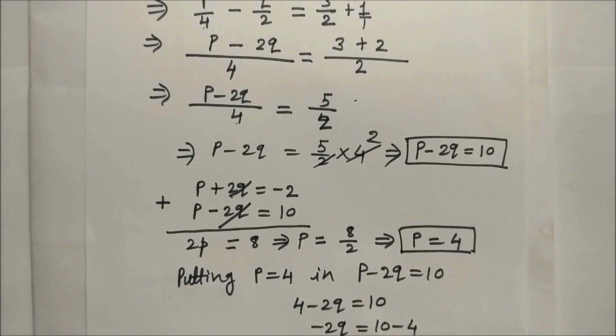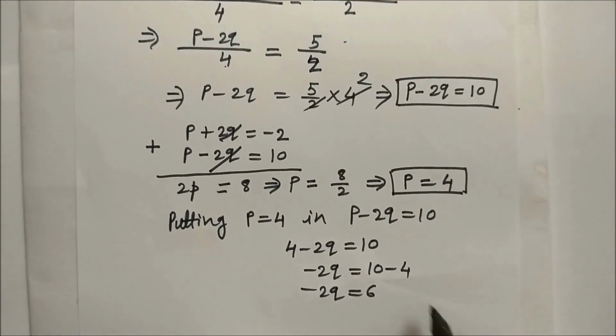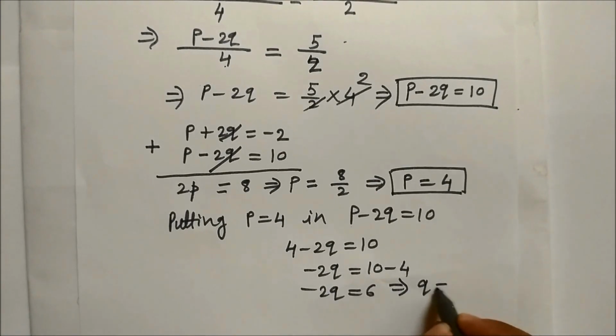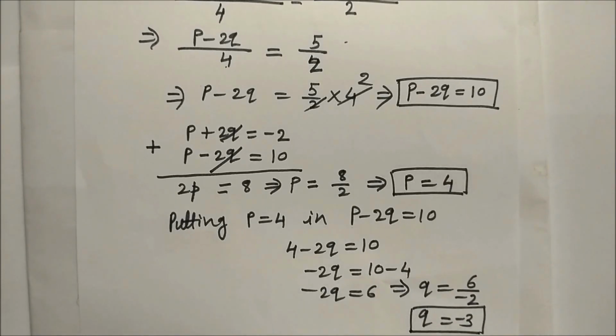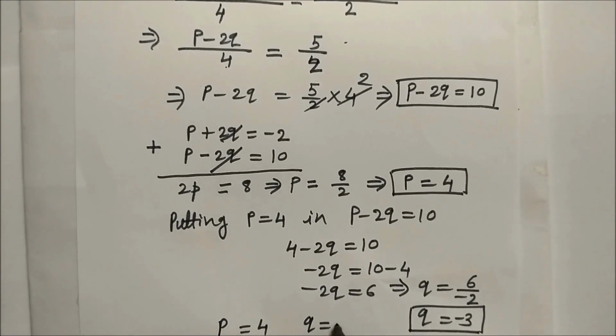Minus 2q is equal to 6. Therefore q is equal to 6 upon minus 2, or q is equal to minus 3. So we have values. Value of p is here 4 and value of q is here minus 3.